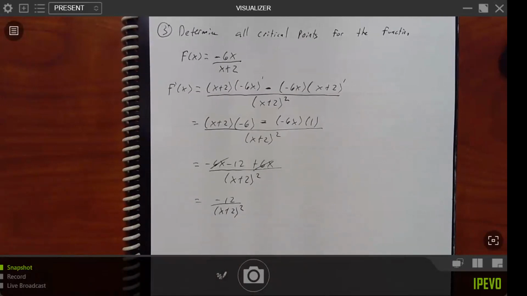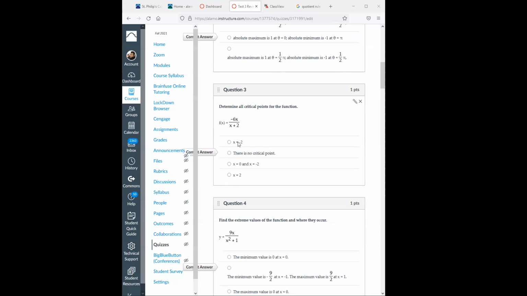So find all critical numbers. Does it have any? Because we can't set that to 0. That's weird. Let's look at the answer here. Yeah, there is no critical point. Check it out. Because when we took the derivative, there was no way you could set that to 0.